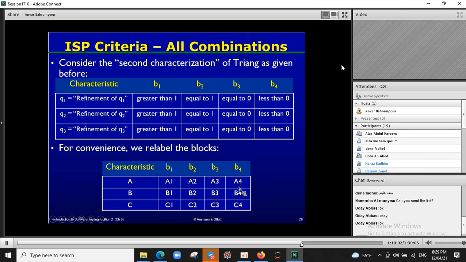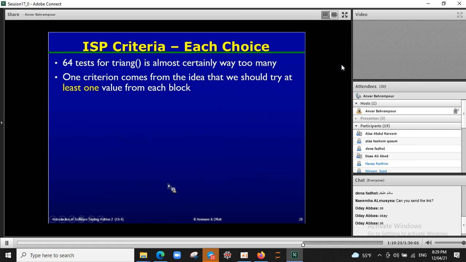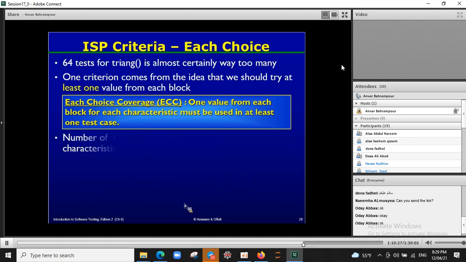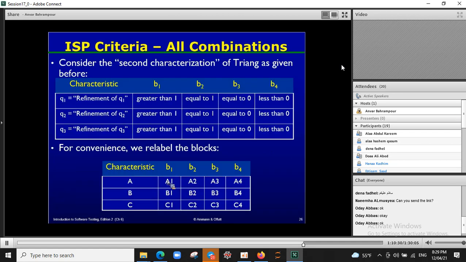Then we test this combination with any other values from other blocks. Let me go back. Okay. For example, in each of the other tests, we change a value from just one block.